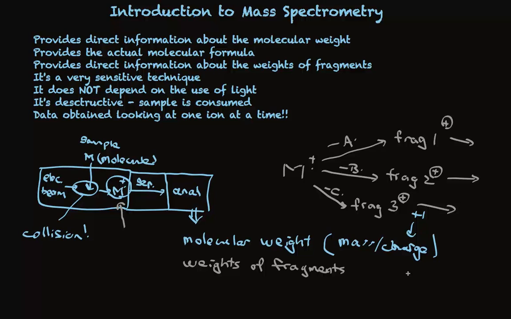So it's going to tell us what are called the relative abundance of the ions that are observed. And the largest one is set to be 100%. All others are given relative abundance in percent relative to the largest one, and this is defined as the base peak.